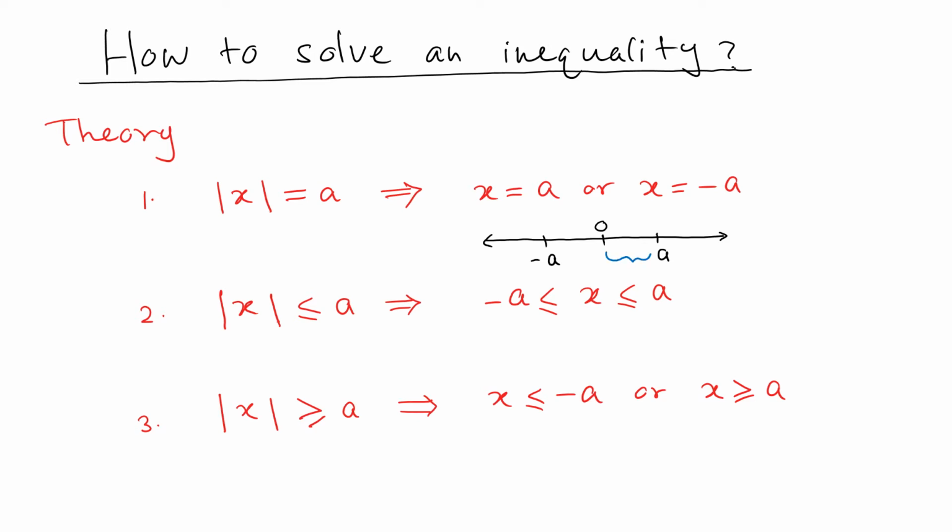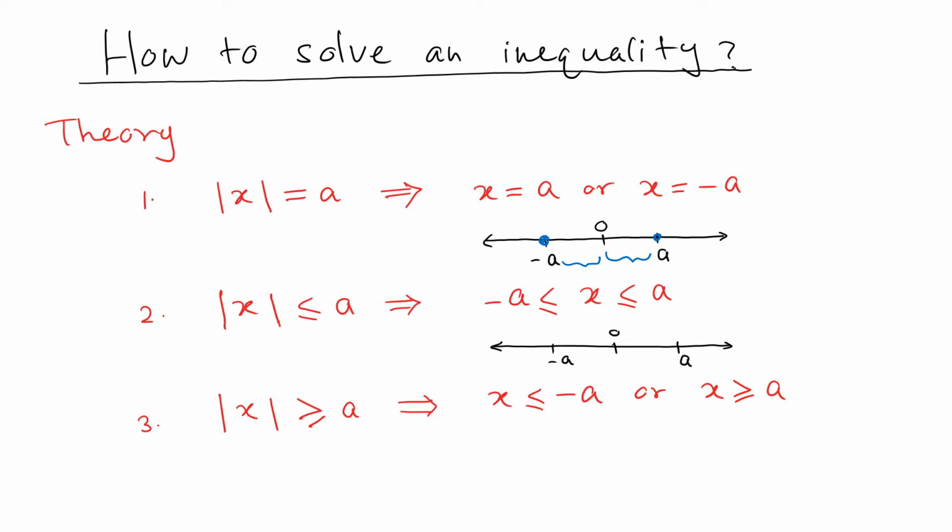That can only happen at a or at negative a. Those are the two values. Now the second case: again we have negative a, the origin, and a.